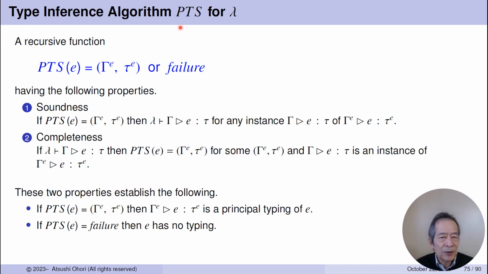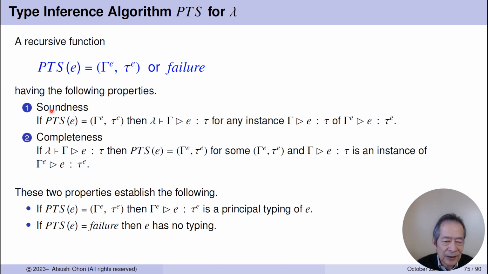Type inference algorithm PTS for small lambda, that is, simply typed lambda terms. This algorithm is organized as a recursive function PTS taking just an expression and returning either a pair of gamma and tau, which is the typing of E, or failure, having the following two properties. First one is soundness.